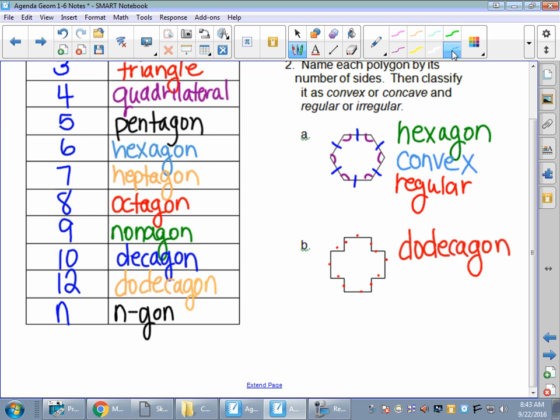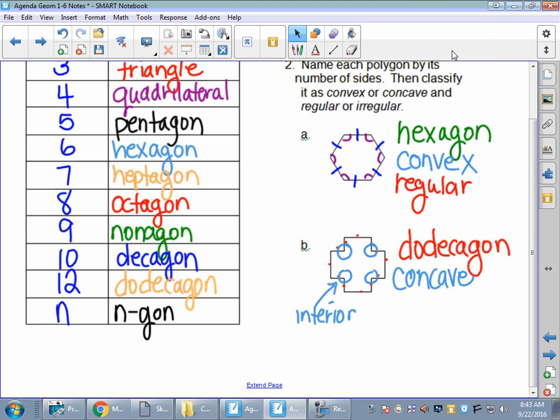Well, look at this point, this point, this point, and this point. These guys are interior. They're inside, or they cave in on themselves. So this is a concave dodecagon. And there is no marking that says that all the sides are congruent.